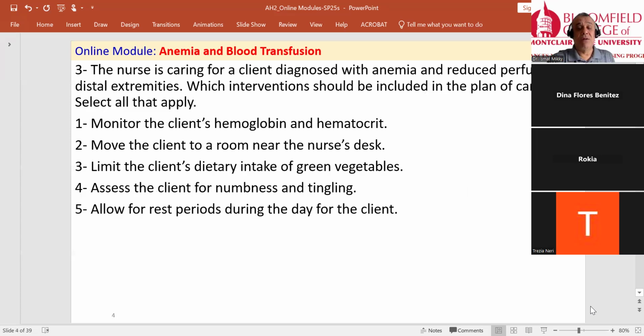So let's go to the third question. The nurse is caring for a client diagnosed with anemia and reduced perfusion to the extremities. Which intervention should be included in the plan of care? Select all that apply.